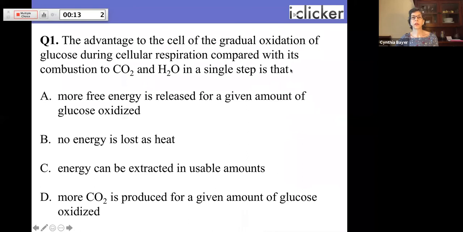Gradual oxidation of glucose, that sugar molecule, as opposed to glucose, a sugar, undergoing combustion, a single step burning of sugar to produce carbon dioxide and water. Because either way, whether it's in a living cell, or occurs outside of the cell, glucose will be oxidized to carbon dioxide in the presence of oxygen, which is reduced to H2O.